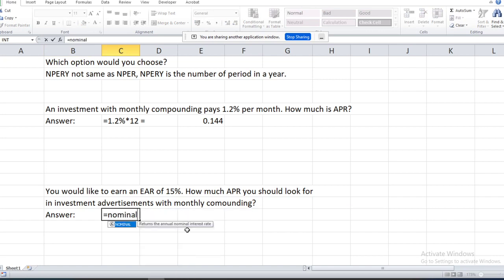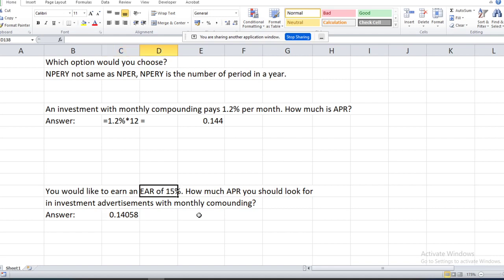Excel calls APR nominal, equals NOMINAL, open the brackets. Effective rate of 15, and I'm looking at monthly compounding, so that's NPERY of 12. So any advertisement of 15.06% with monthly compounding will actually earn me, in reality, 15% per year.